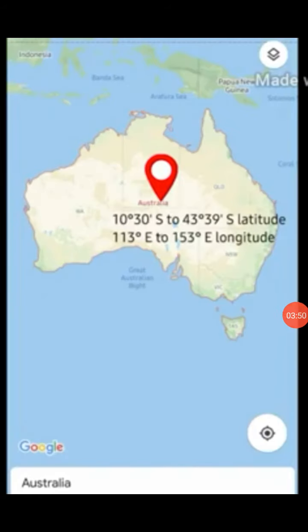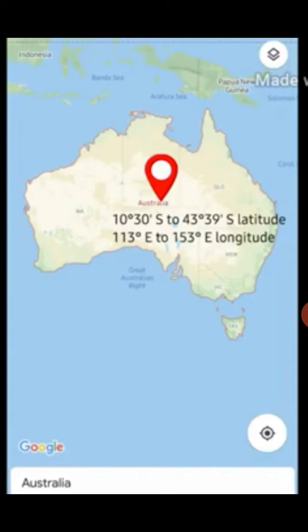For describing the extent of a region, we need to consider two parallels and two meridians. How many lines do we consider? Two meridians and two parallels at the extreme ends of the region.